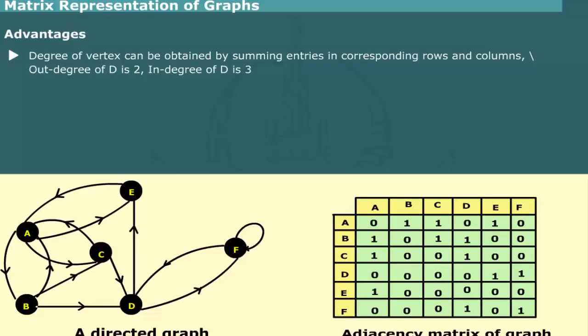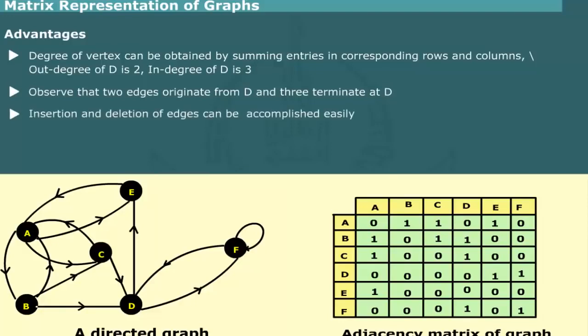We conclude that the out degree of D is 2. Also, the sum of entries in the column corresponding to D is 3. So, the in degree of D is 3. By looking at the pictorial representation in the figure, you can verify that 2 edges originate from D and 3 edges terminate at D.